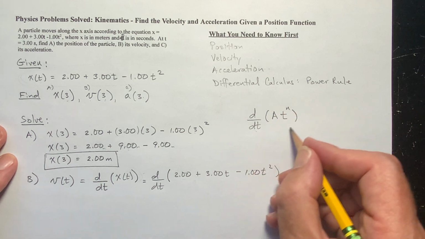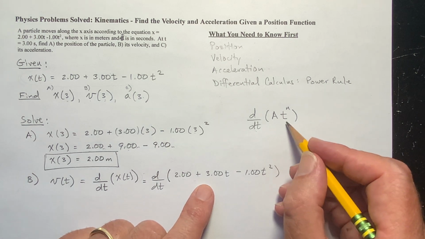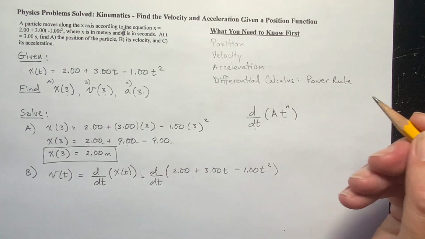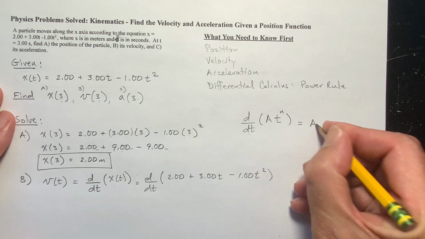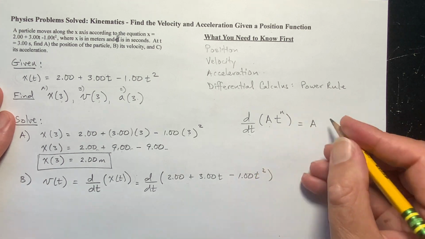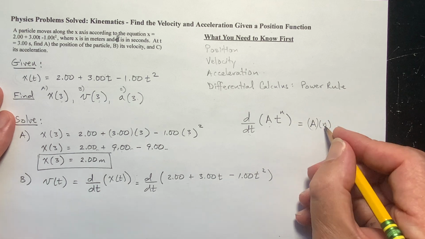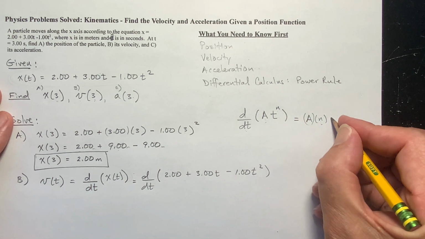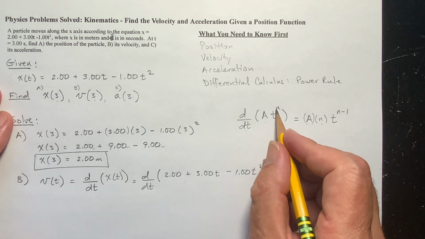A is any constant, and n is some exponent. You keep the A, you bring the n down and multiply by it, and then you subtract 1 from the power of time.